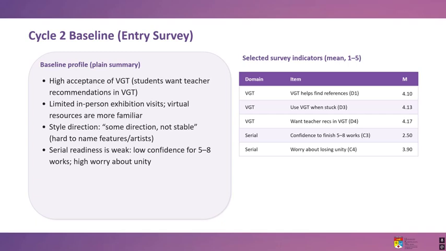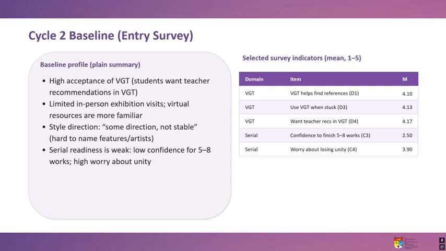To avoid confusion, I will expand the code shown on the slide. D1 means VGT can help me find the right reference faster. D3 means when I have difficulties, I will be willing to use VGT to solve them.